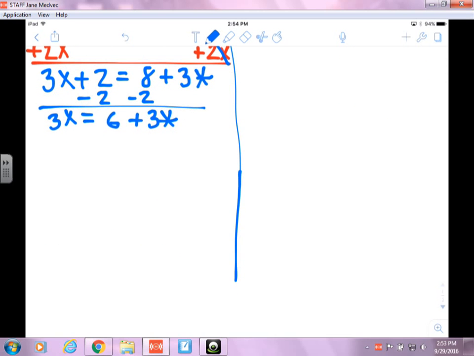What do I want to get by itself? The 6. So I want to get rid of the 3 star. How do I get rid of 3 star? Yes, very good. I'm going to add 3x.